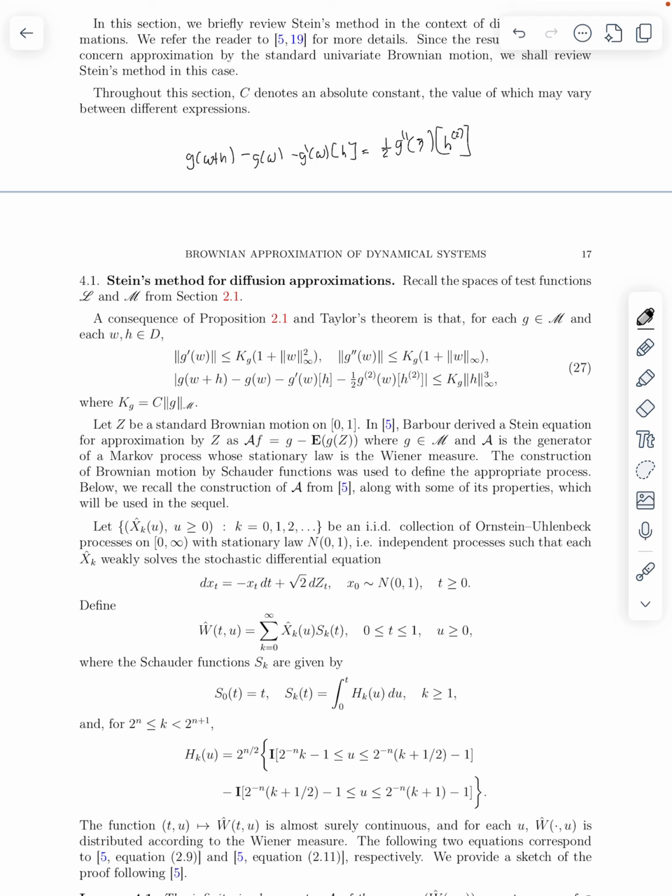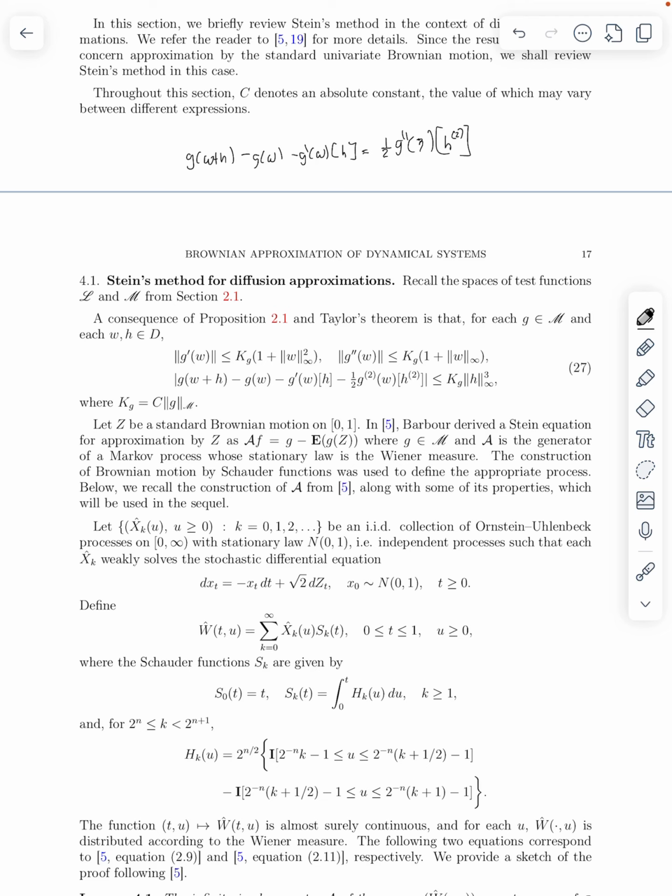And so now what we can do is we can say, well, okay, g of w plus h minus g of w minus g prime of w h minus 1/2 g double prime of w h squared is equal to 1/2 times g double prime of w plus th minus g double prime of w, okay?